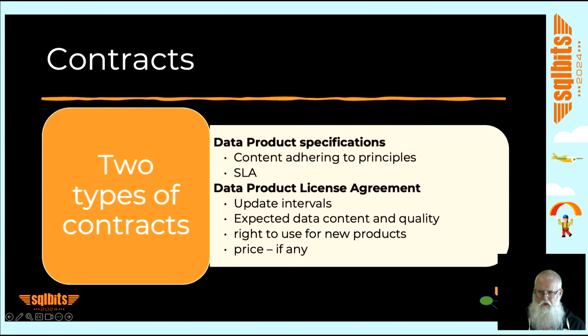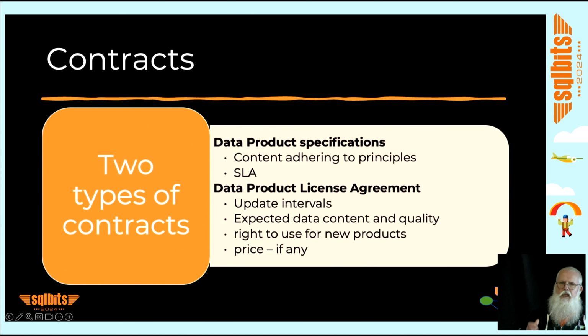And then you have the data product license agreement, or the end user license agreement. I know that when I take this, I know it will be updated at regular intervals. I know that the content and the quality is what I saw the first time. And I'm willing to pay for it if it's needed, because of course there's a cost and the companies love internal billing.